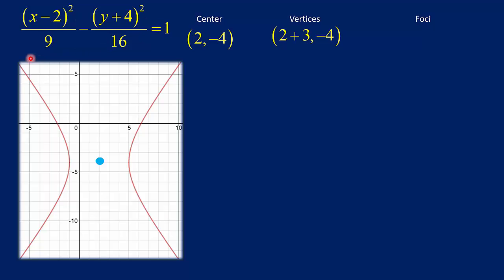So look at this. I'm going to add the square root of 9 to the x, and I get one of the vertices. And then I subtract the square root of 9 from the x, and I get the other one. Okay? So there's my center and my 2 vertices. So because we have the horizontal as the transverse, we're adding to the horizontal component. Now, as far as the foci go, we're always going to use this to find the foci.